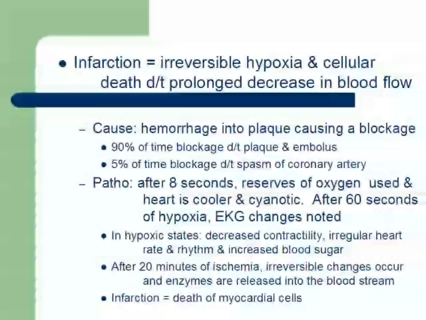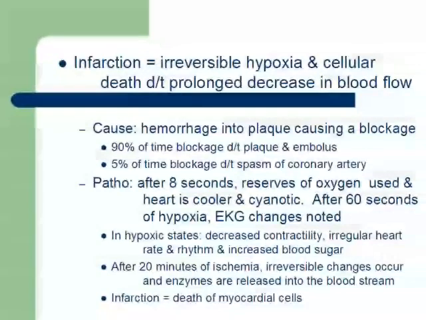Pathophysiologically, you will have 8 seconds, and then all the reserves of oxygen have been used, and the heart itself is cooler and cyanotic. After 60 seconds of hypoxia, you start to notice some EKG changes, so you notice that inverted T wave. In hypoxic states, you'll have a decrease in contractility because of the release of potassium, magnesium, and calcium into the vascular walls.